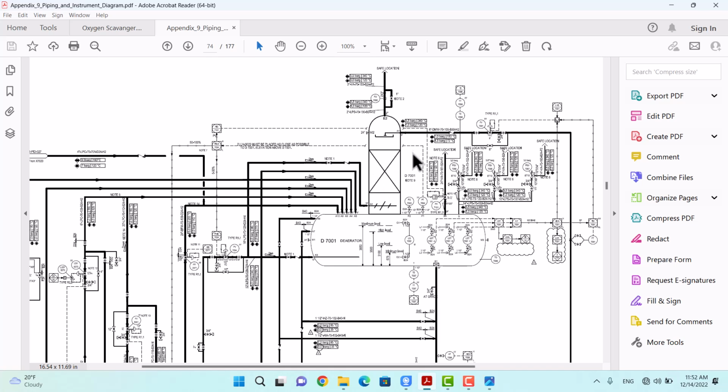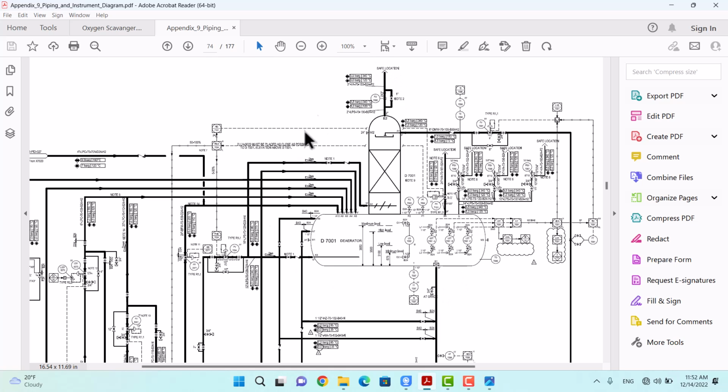So the main purpose of this packing is to increase the surface area between the DM water and the LP steam so that the oxygen will be removed easily from the main stream. The LP steam travels to the upper part of the dome and can easily carry the oxygen with itself and discharge it to the atmosphere.